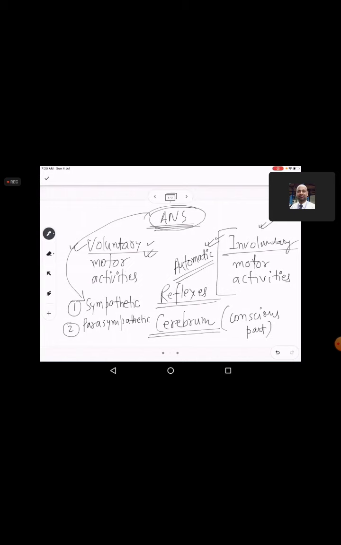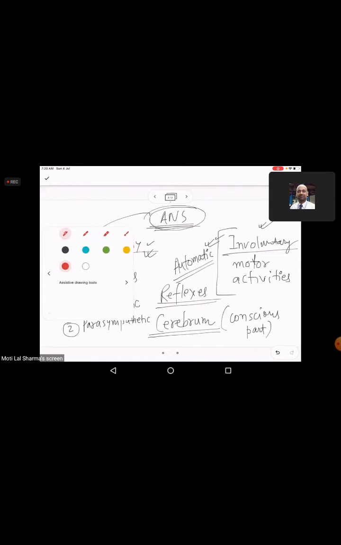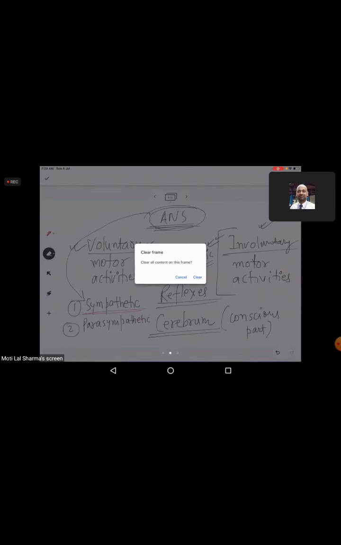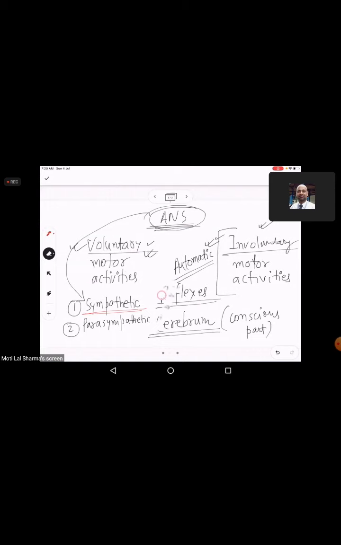What we should know about sympathetic and parasympathetic: what is this sympathetic nervous system for? Let me tell you about the sympathetic nervous system.